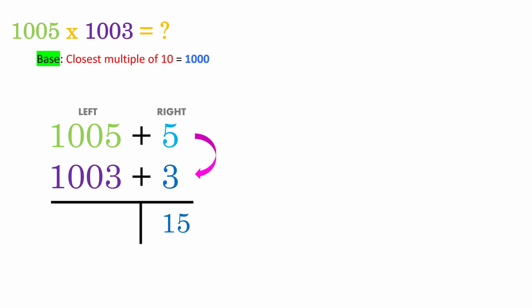Since the number of zeros in our base is 3, we need 3 digits on the right side. So whatever the number of zeros is in the base, that's the number of digits we have on the right side. So we need to add a 0 in front of 15 because we can't just add it to the right. We need to add it to the left. And then, of course, 1005 plus 3 is the way I like to do it, and we get 1008.